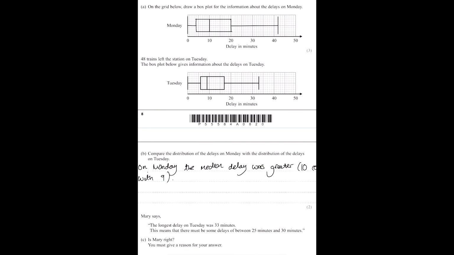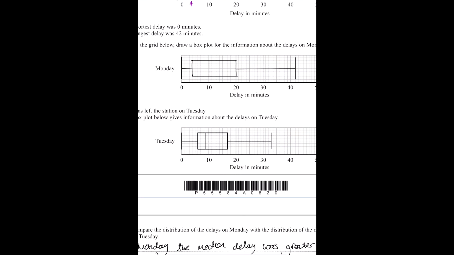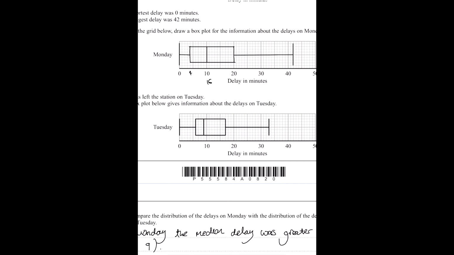And then we can also say the interquartile range, which again here is 4 to 20, so 20 minus 4 is 16. And on Tuesday the range here is 6 to 17, so 17 minus 6 gives us 11.